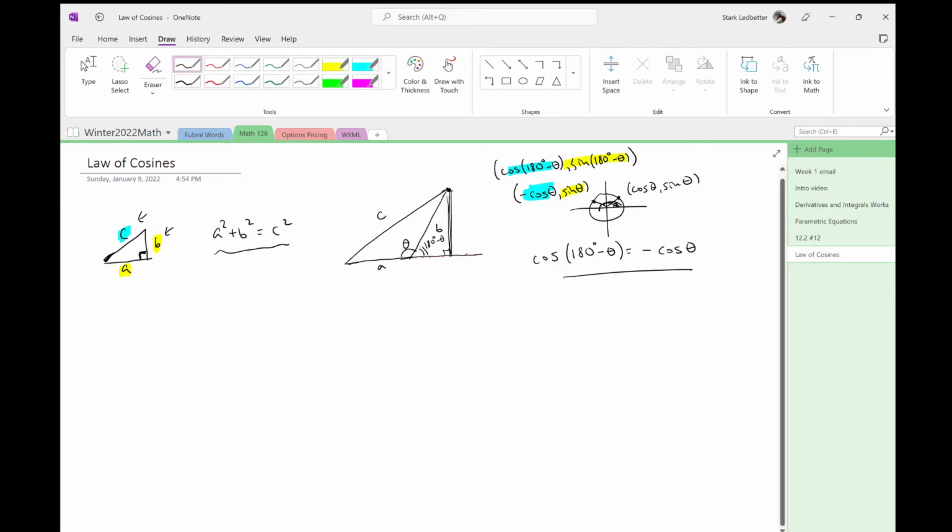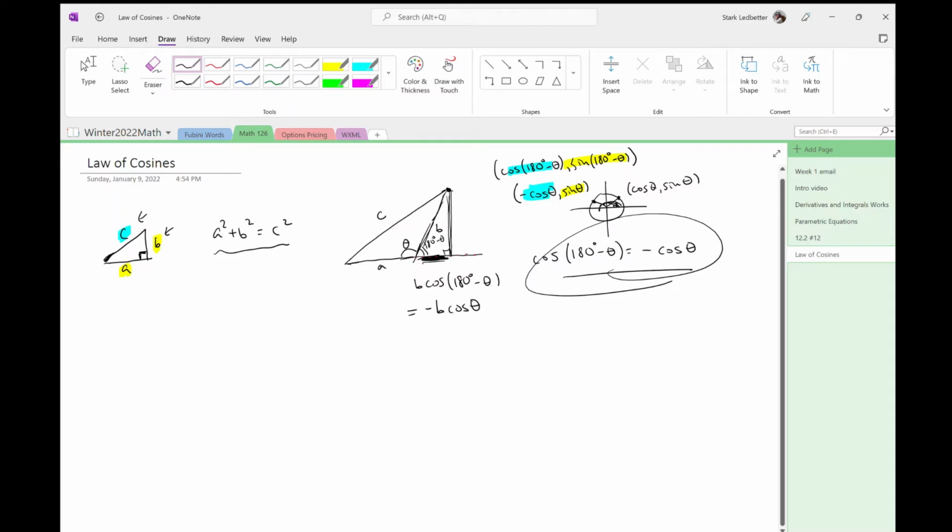Okay, that's very important, because then in this right angle triangle, you can use a number of ways to solve this, but you should be able to figure out, sorry about that, let me draw that line back in, if my stylus is working, that this bottom length of that right angle triangle is b cosine of 180 degrees minus theta, which we said was equal to negative b cosine theta.